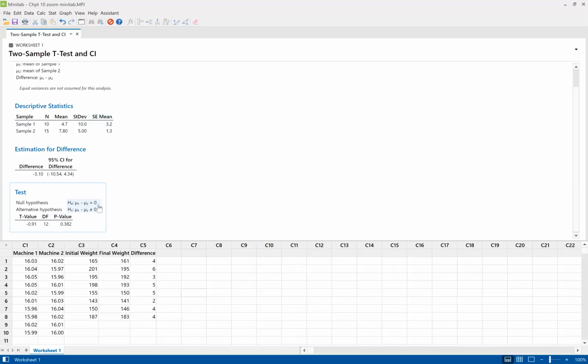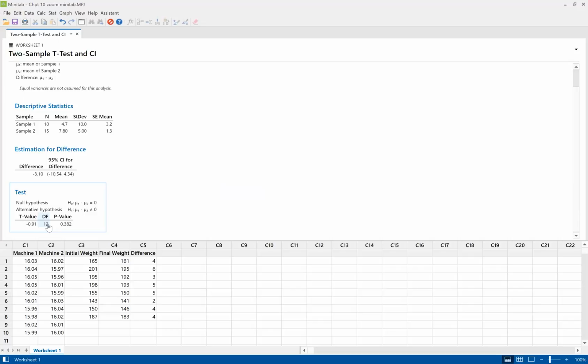The test itself, we have a null and alternative hypothesis. The difference is equal to 0. The difference is not equal to 0. A t-value, the degrees of freedom for that specific test, and a p-value. If you remember, our t-tests have a couple different ways of calculating the degrees of freedom, depending on if it's a paired t-test, a pooled variance, or a non-pooled variance.